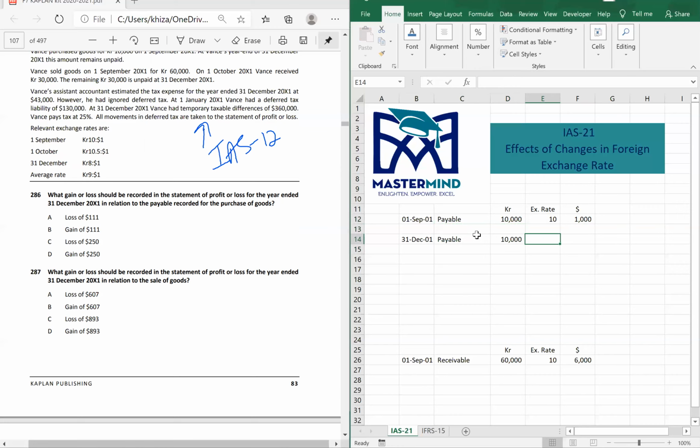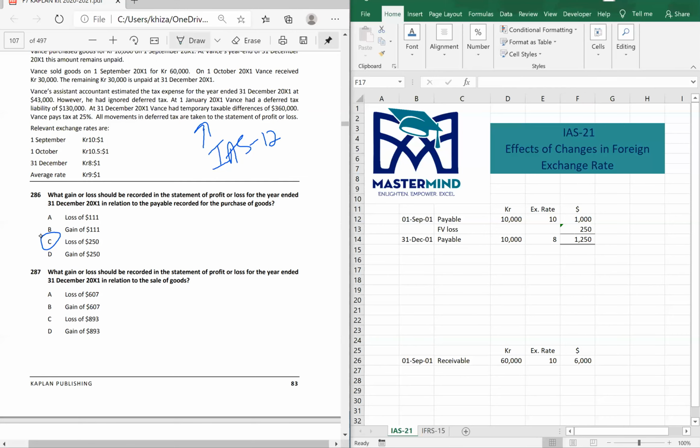It will be the rate on 31st December 20x1. Copy down the formula. Now your payable is $1,250. So there's a fair value loss of $250. So you have a loss of $250. Your answer turns out to be C.